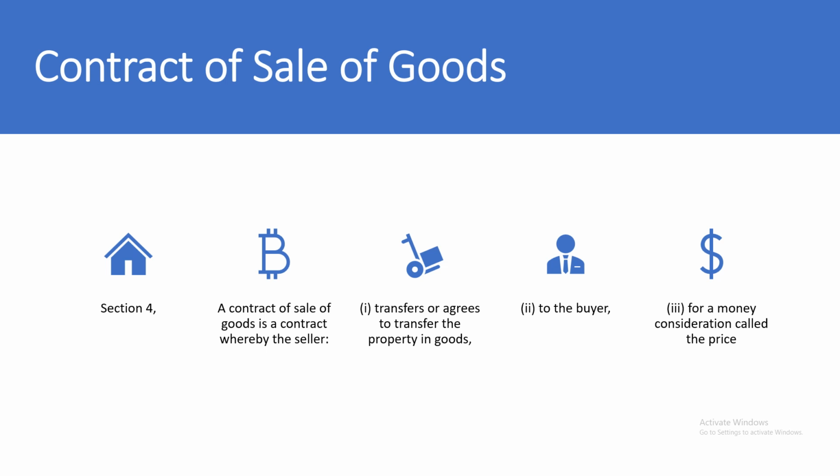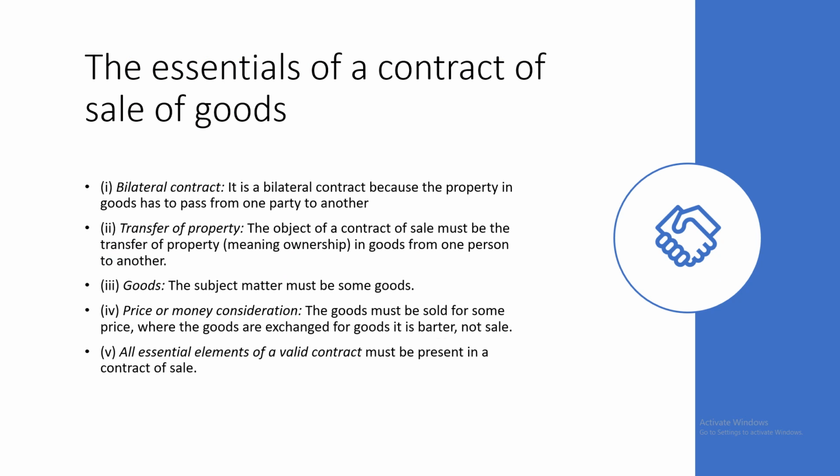Now, let us consider what are the essentials of a valid contract of sale of goods. First one, there should be a contract, what we call a bilateral contract, because the property in goods has to pass from one party to another.